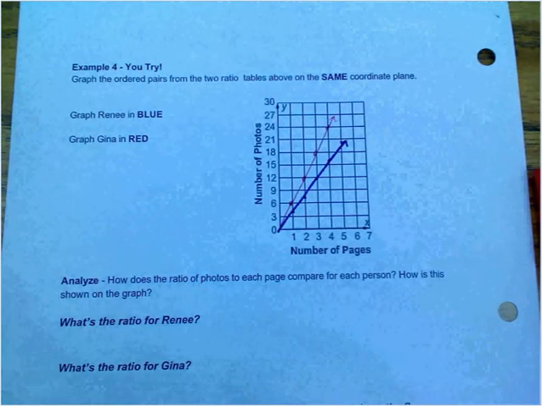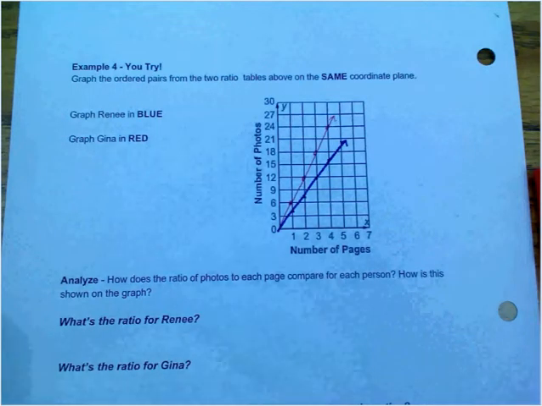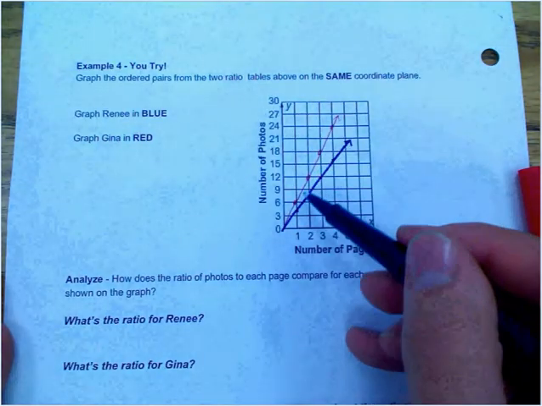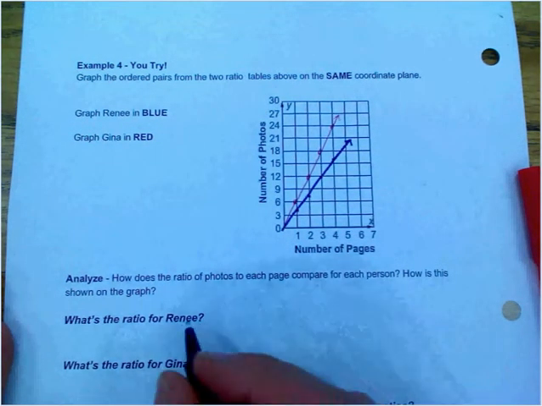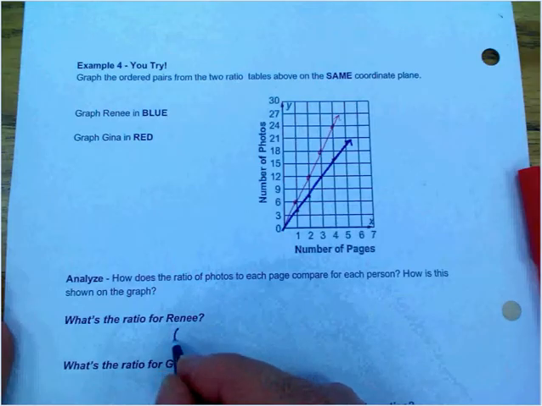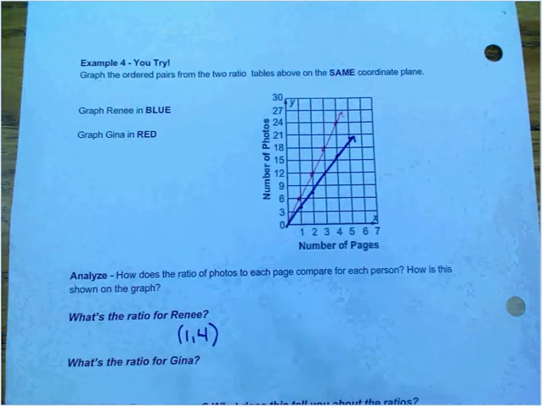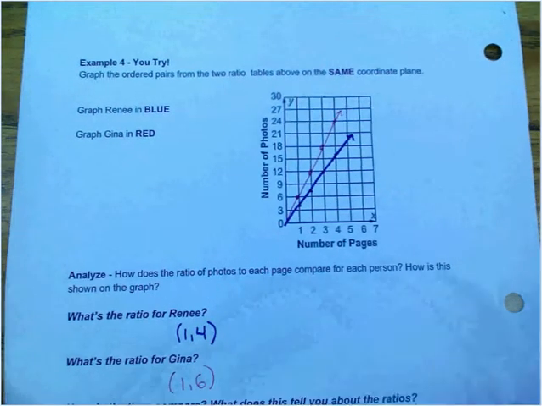We talked about slope. And so we see that this has a higher slope. Gina's has a higher slope. So Renee's ratio is 1 to 4. Gina's ratio is 1 to 6. 1 page, 6 photos.